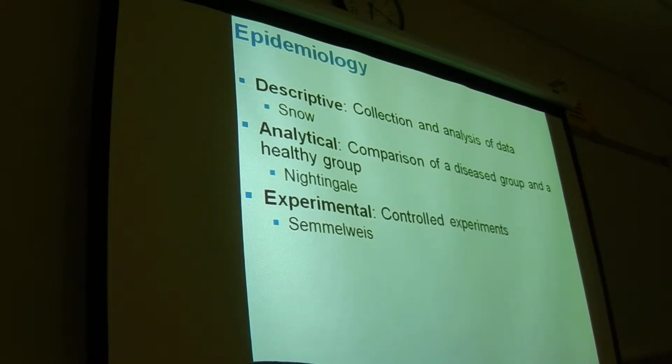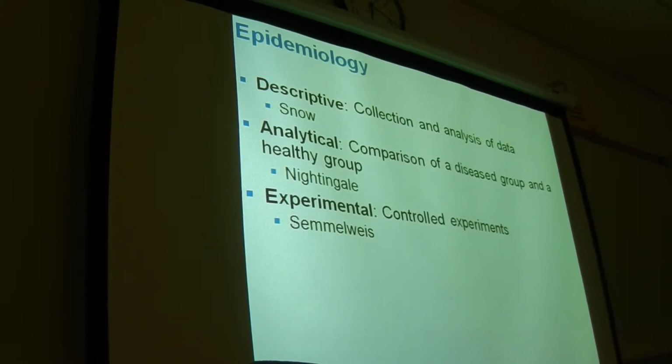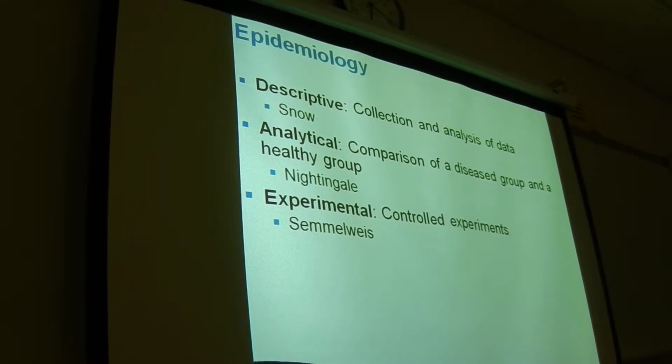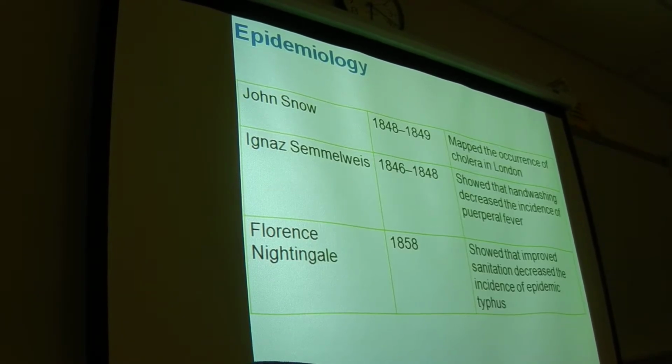There's analytical, which would be taking a disease group and a healthy group and comparing the two. Florence Nightingale took a group of people that had good sanitary habits and people that had poor sanitary habits. She didn't set up the experiment. She didn't say, hey, you guys shower and you guys don't, and I'm going to see who gets epidemic typhus.